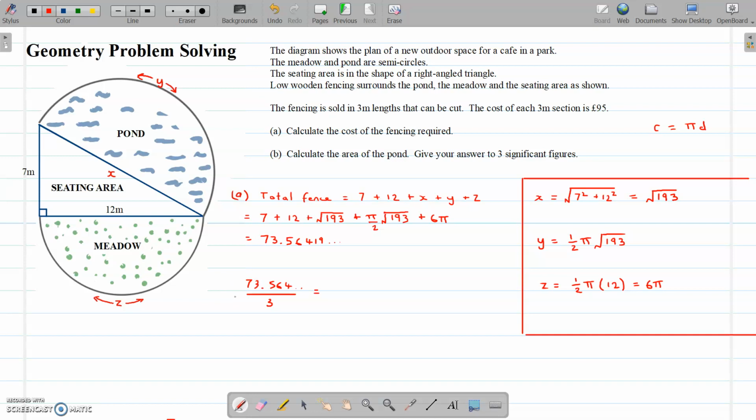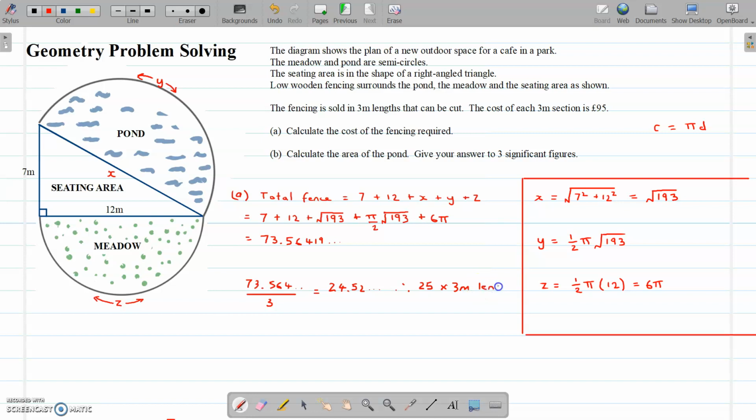24.52. And then what I'm going to say is therefore 25 lengths needed, 25 by 3-meter lengths needed.